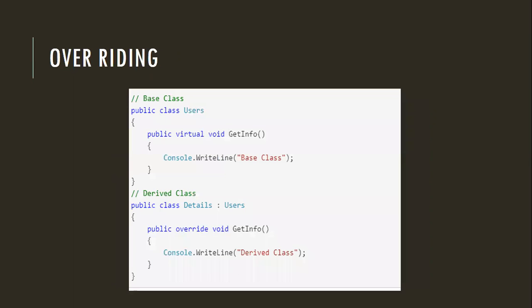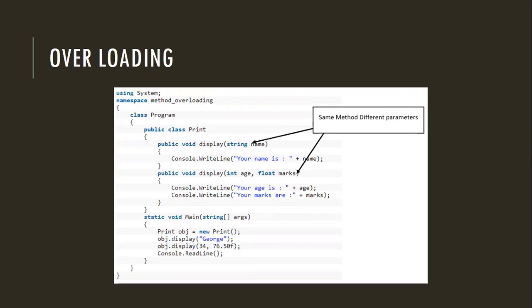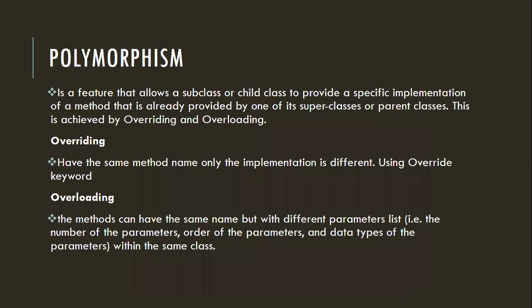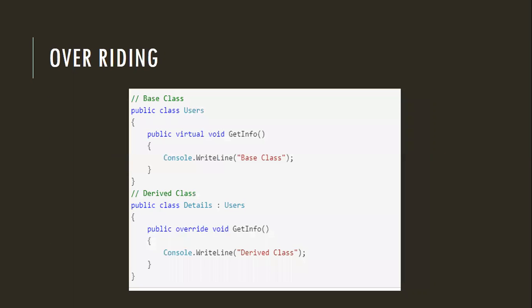In overriding, we will take the same method and then only the implementation will be different. In overloading, parameters also will be different. Implementation plus parameters could also be different. Am I clear? එතකොට polymorphism එකේ තියෙන methods දෙකක් තමයි overloading, overriding කියන එක. Overriding කියන එක, you will just get the same method, but you won't pass any parameters.